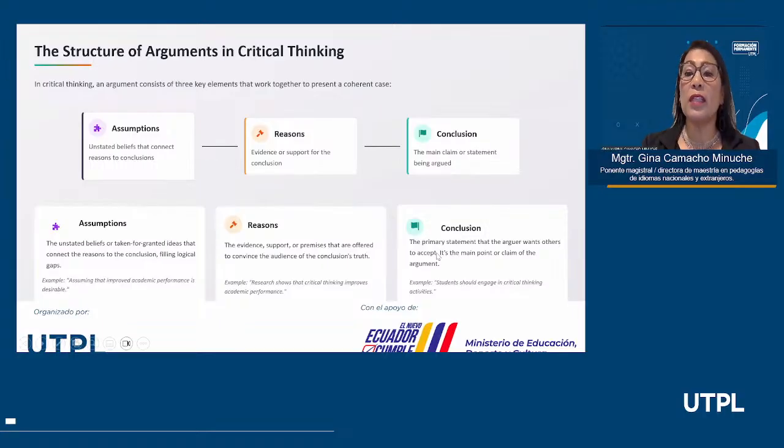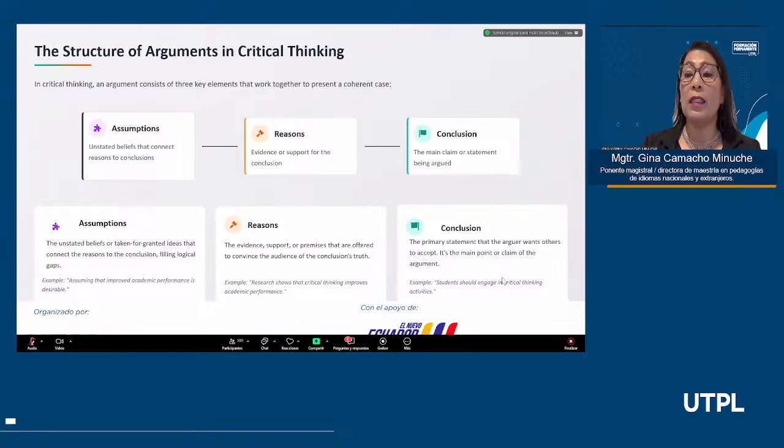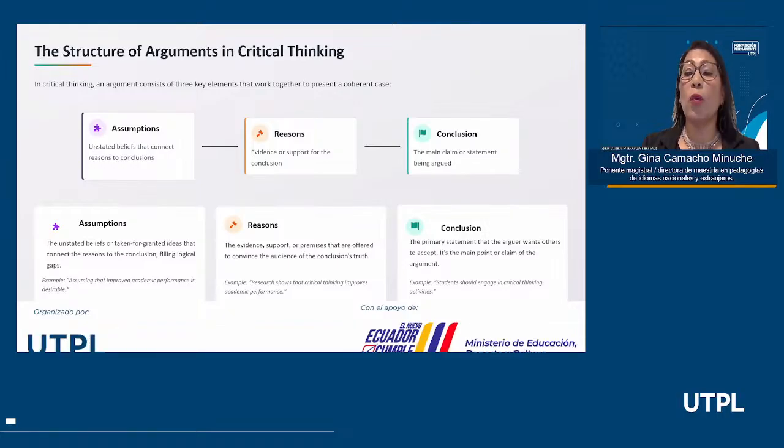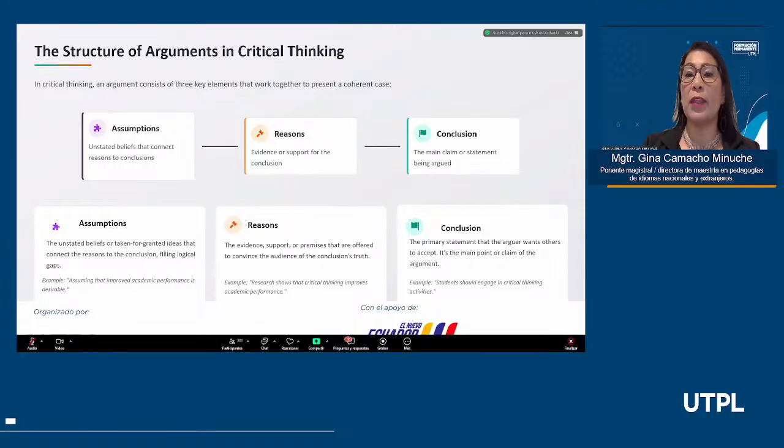And the conclusion is the primary statement that the arguer wants others to accept. It's the main point or claim of the argument. Example, students should engage in critical thinking activities. That's the main conclusion, okay?